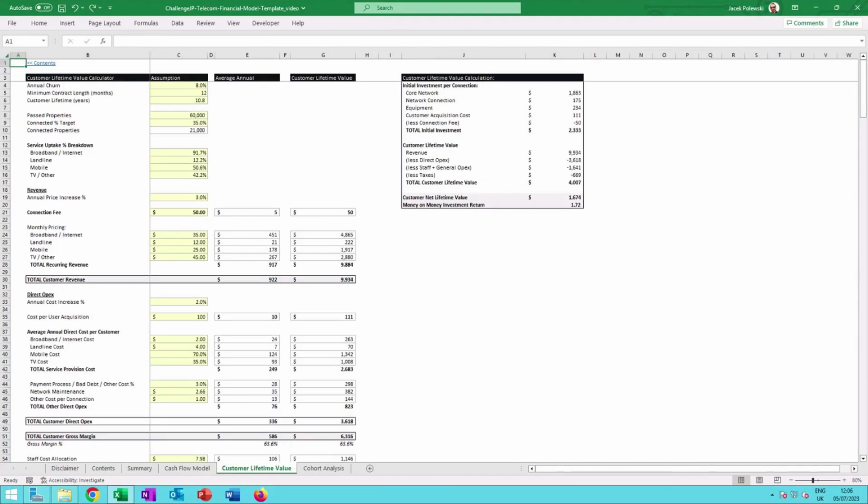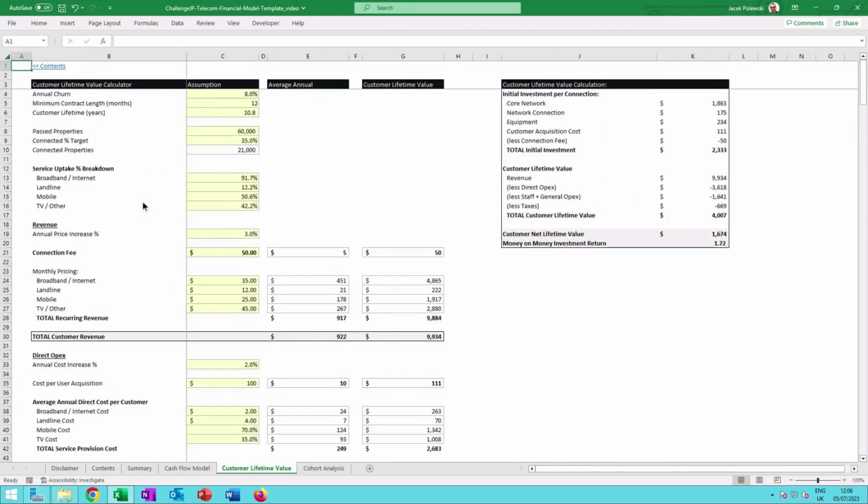And finally, I've also added some calculations for the customer lifetime value. So here, using the model assumptions, you can see how a change in the assumptions influences the average annual value that a single customer would generate, but also how much money this customer will generate during their customer lifetime.